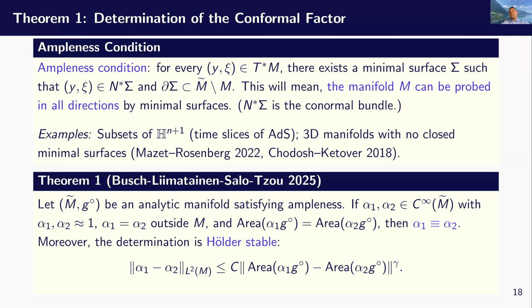In this case, if the areas of the corresponding minimal surfaces satisfy area of alpha 1 G0 equals area of alpha 2 G0, then the conformal factors are the same. Moreover, this determination is even Hölder stable. Formally written, the L2 norm of the difference of the conformal factors is bounded by the difference of the areas of minimal surfaces with some power gamma. I don't specify the norm there; it's a certain Sobolev norm.